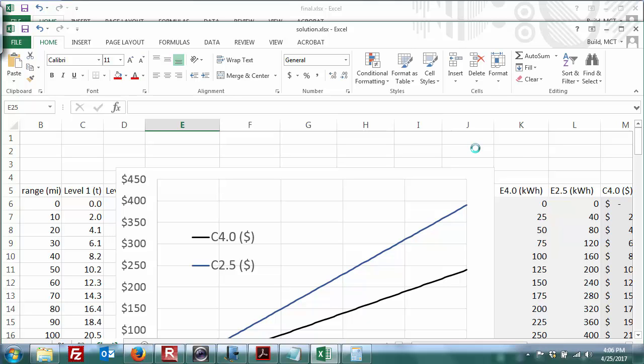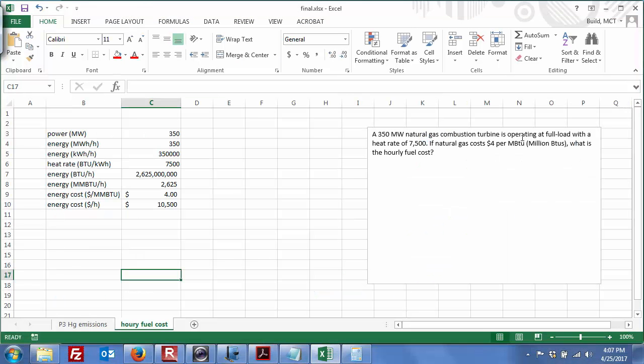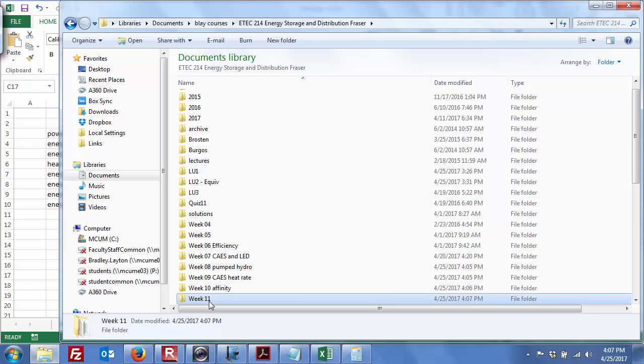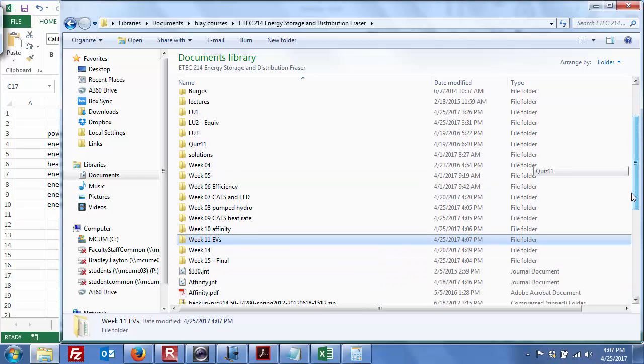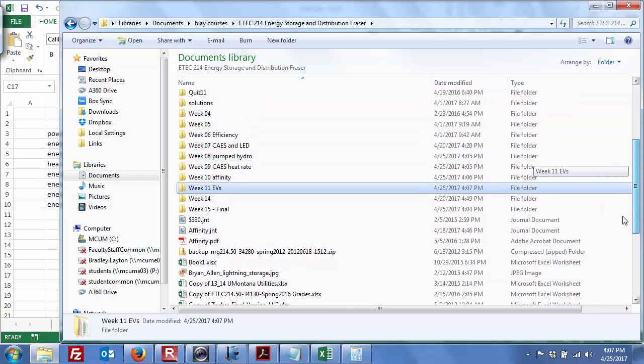Oh yeah, it's a comparison of two CVs. Come on, respond. Excel does that sometimes. Week 11 was EVs. That's pretty much it. What was 12?